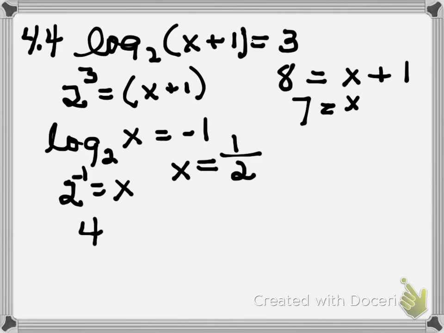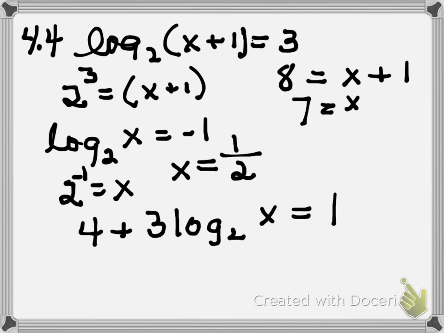So now let's take another problem, kind of working up to this problem. Okay, so first I want to get the logarithm by itself. So it's going to be 3 log base 2 of x equals, and I'm subtracting 4 from each side to get -3.